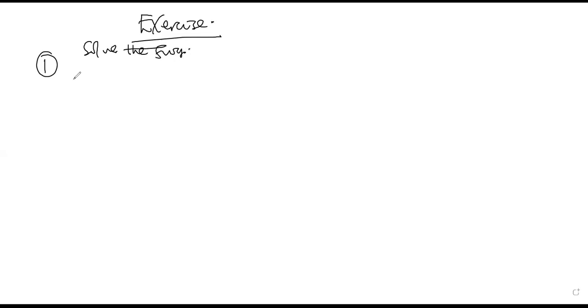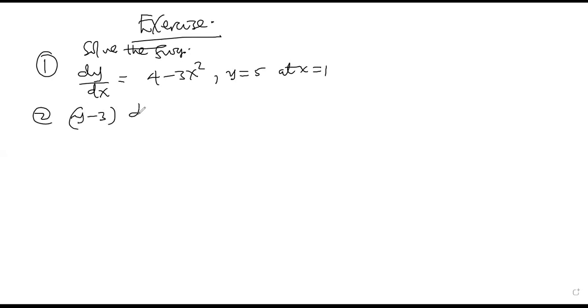Solve the following. 1: dy/dx is equal to 4 minus 3x squared, y is 5 at x is 1. 2: (y minus 3) dy/dx is equal to x plus 3, here y is 4 at x is 0.